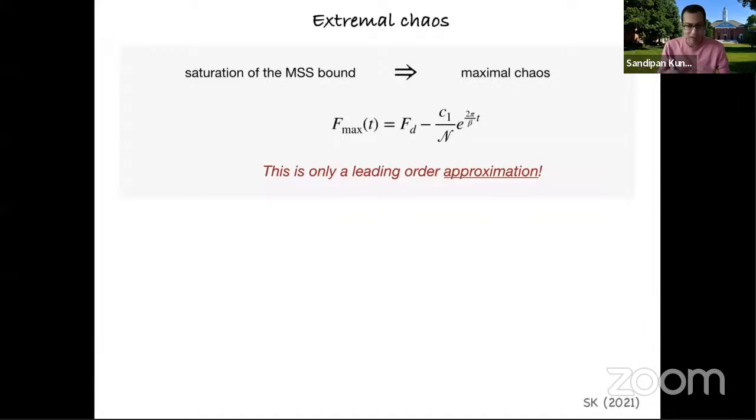As I said before, maximal chaos is a statement about the leading term of the OTOC. So when the leading term saturates the MSS bound, we have the maximally chaotic OTOC. But as we discussed before, this is only a statement about the leading order approximation, and this OTOC obviously requires analytic completion.